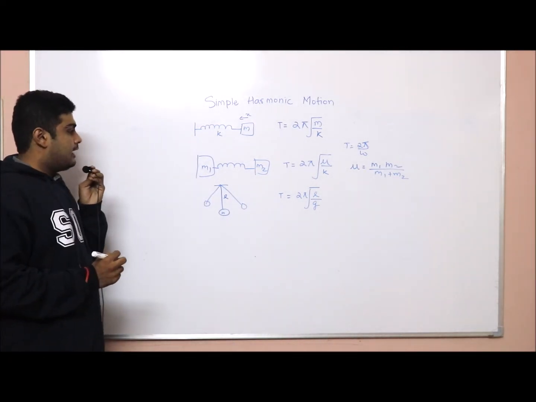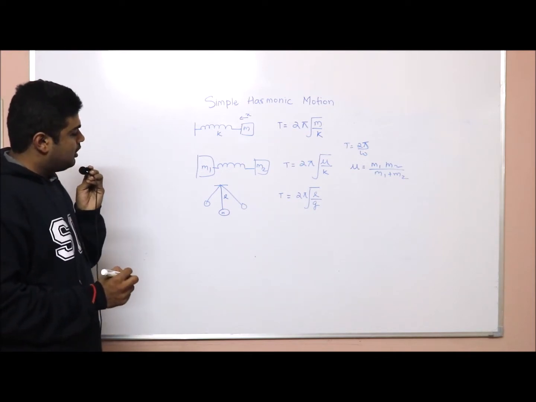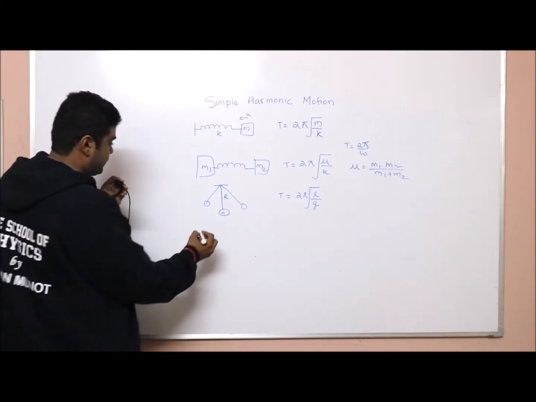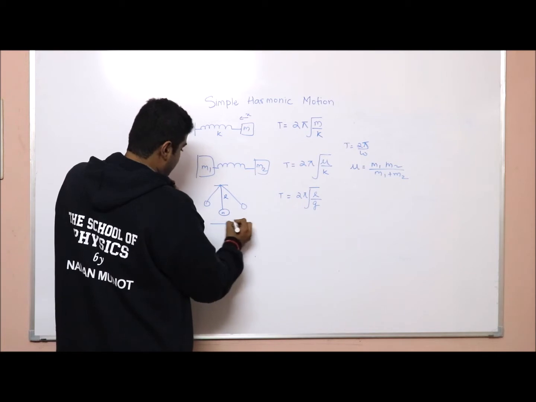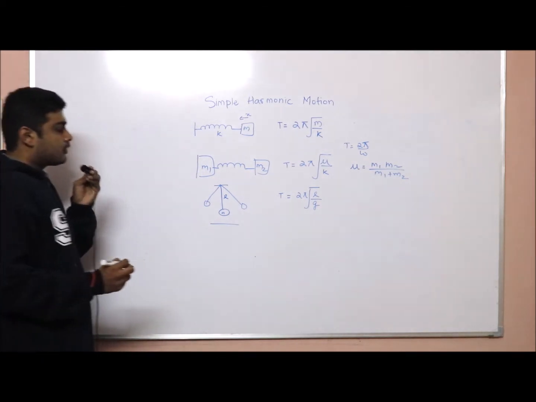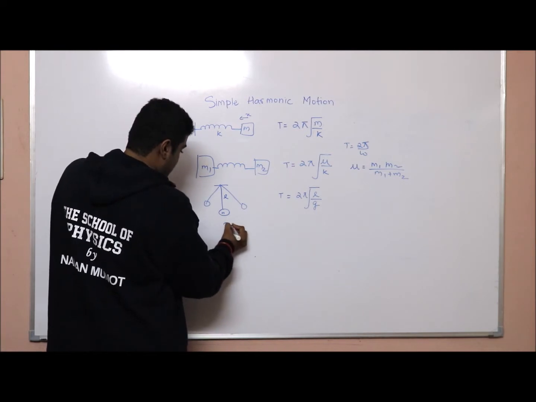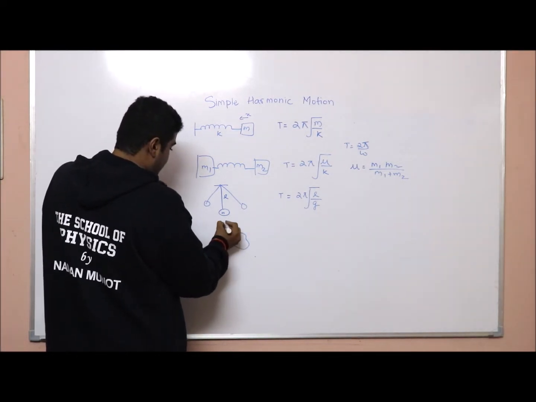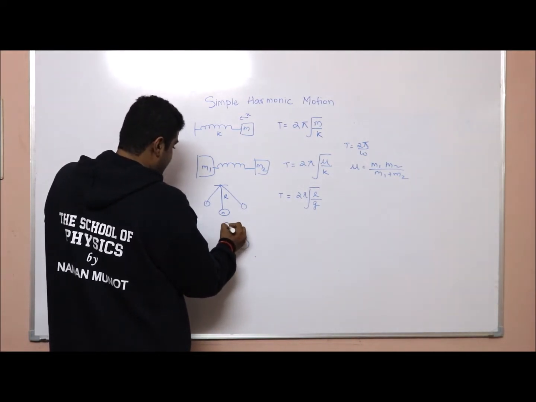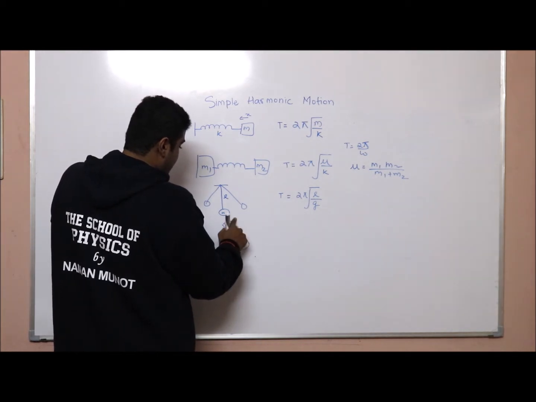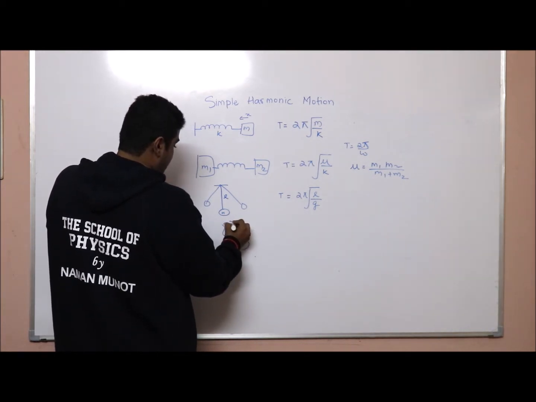Now which other pendulums do we have? Okay, we can take a torsional pendulum. In a torsional pendulum, it is a body rather than a string, and this is the axis. Whenever we hinge something, this hinge part becomes the center of mass.